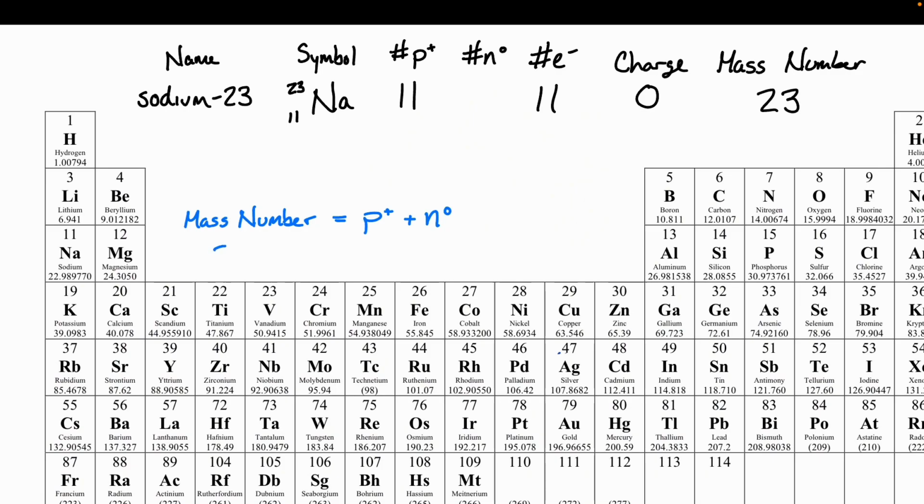I know my mass number is 23. I know my number of protons is 11 because I'm talking about sodium. So the only thing that I'm missing from this equation here is that number of neutrons. So I can take the 23, subtract the 11, and I would get 12. Okay?